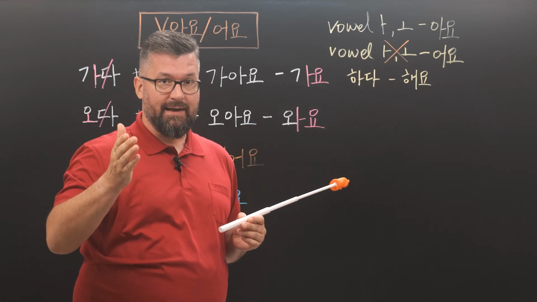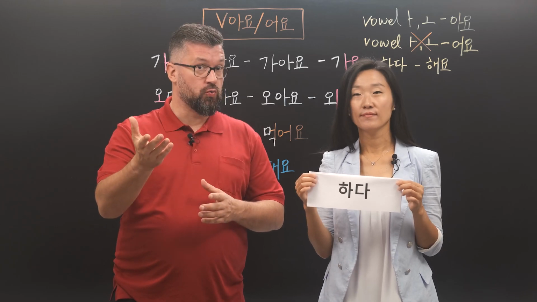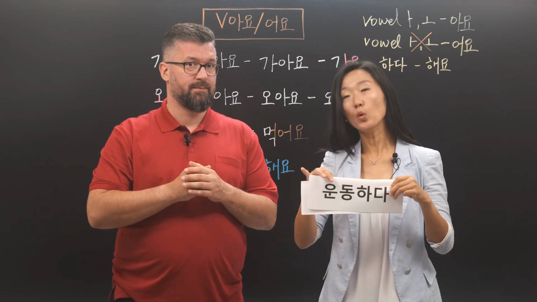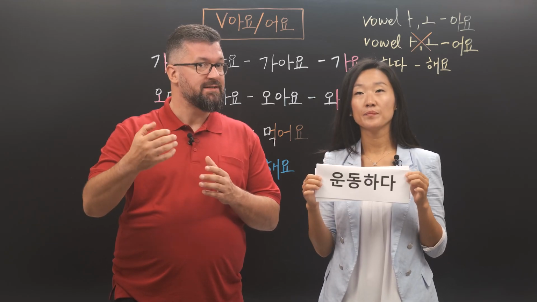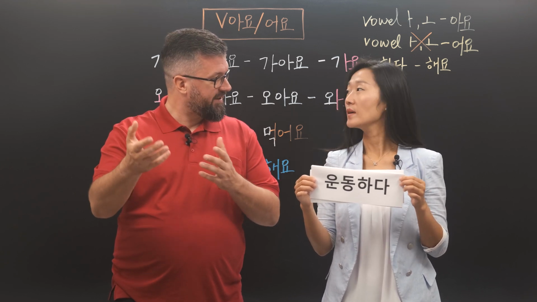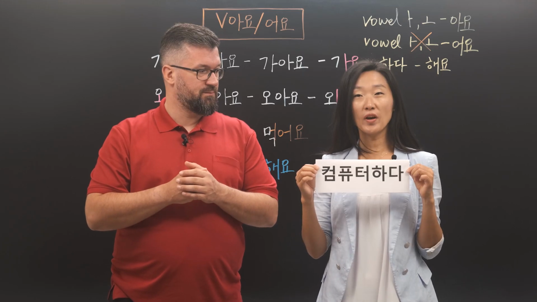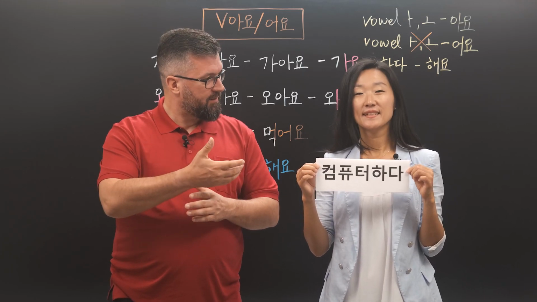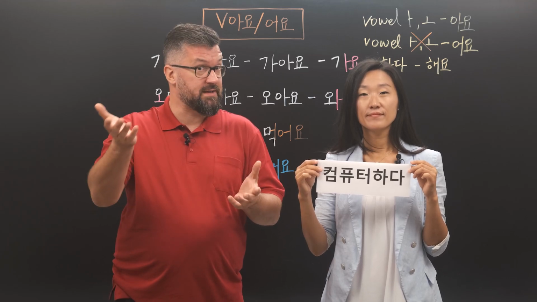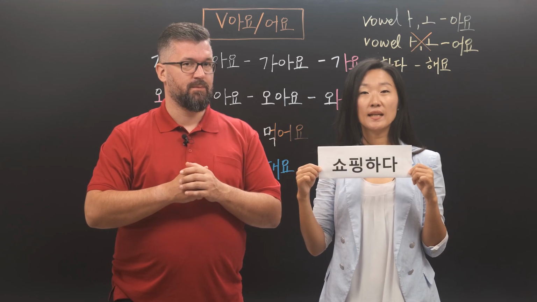But what is hada? Hada is a Korean verb meaning to do. Many Korean verbs end in hada. For example, 운동하다 is to exercise, to do sports. 운동 means sports or training or exercise. 하다 is to do. 컴퓨터하다. Computer means computer and hada is to do. That means to use the computer. 쇼핑하다.